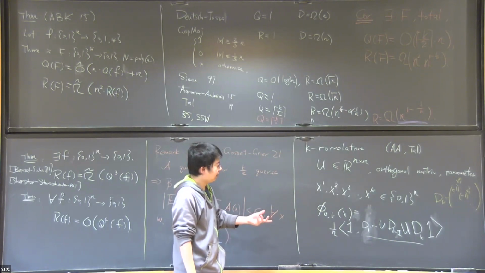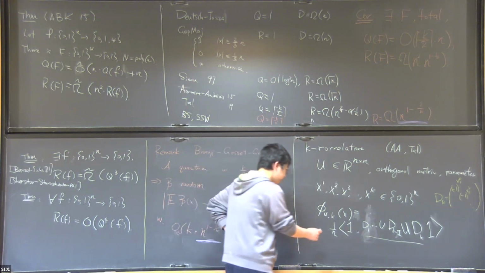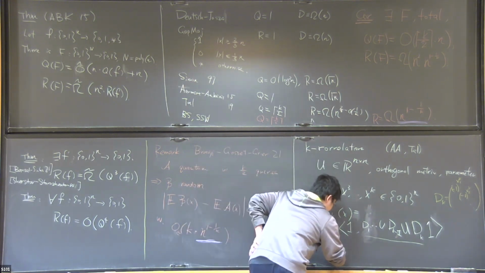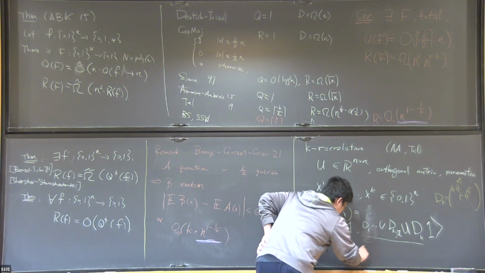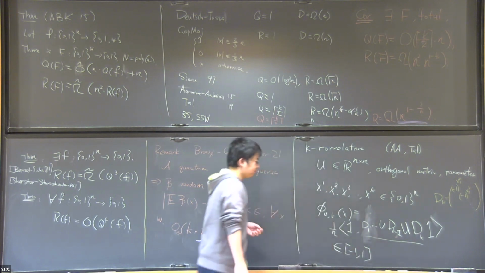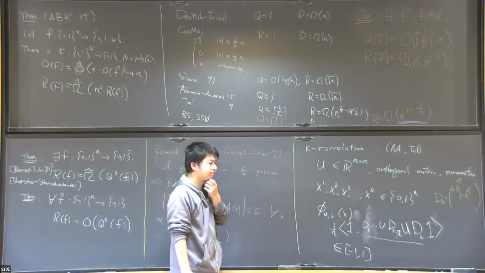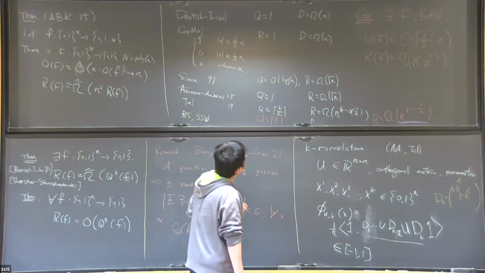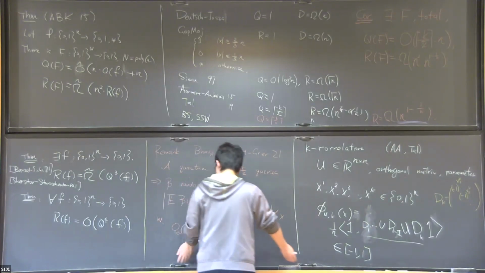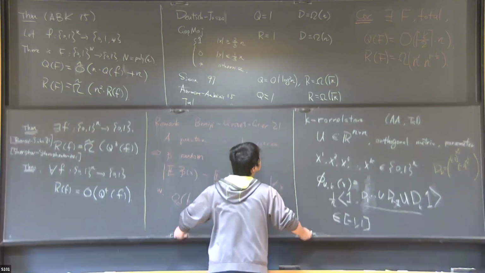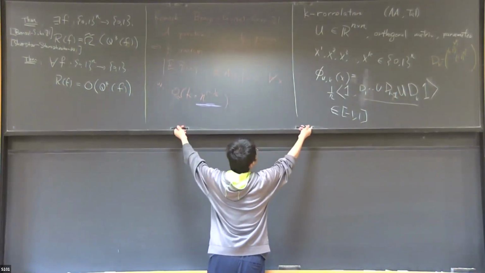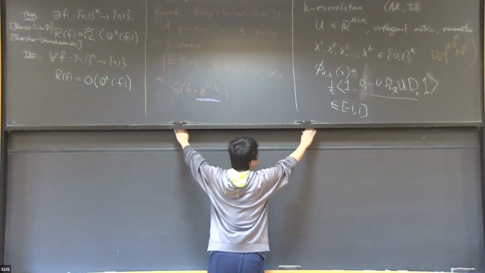In this way, we define a function whose range is actually -1 to 1. And then we can define the correlation problem.